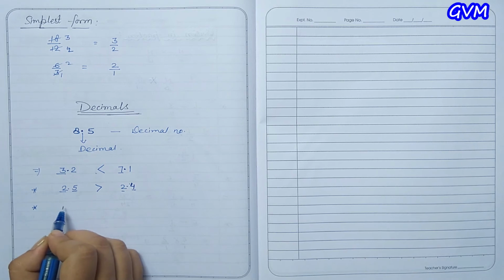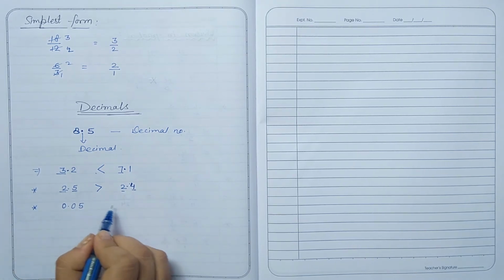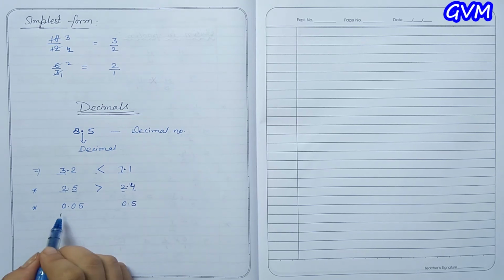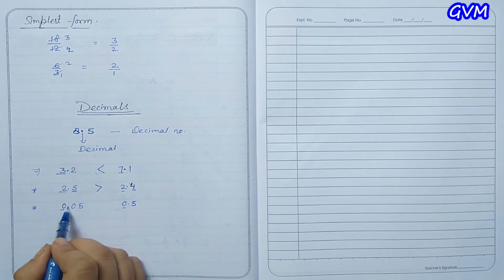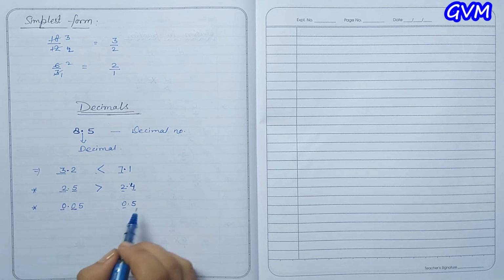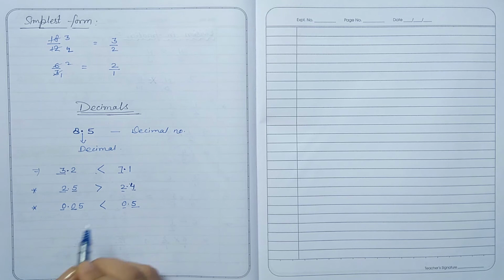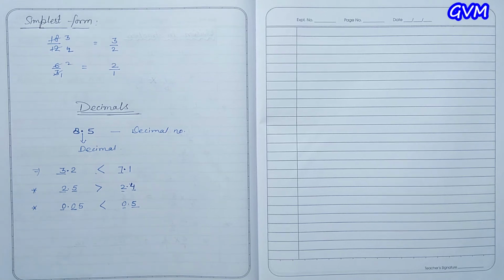Next, if we have 0.05 and 0.5, similarly we will see 0 are same, here is a point and here is also a point, after the point here is 0 and here is 5. So 5 is greater than 0, that means this number is greater than this. So the greater sign will be for 0.5.